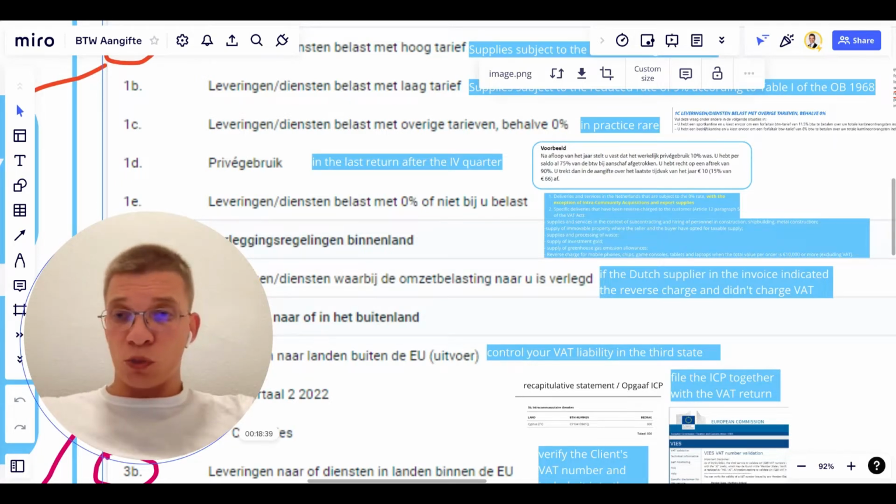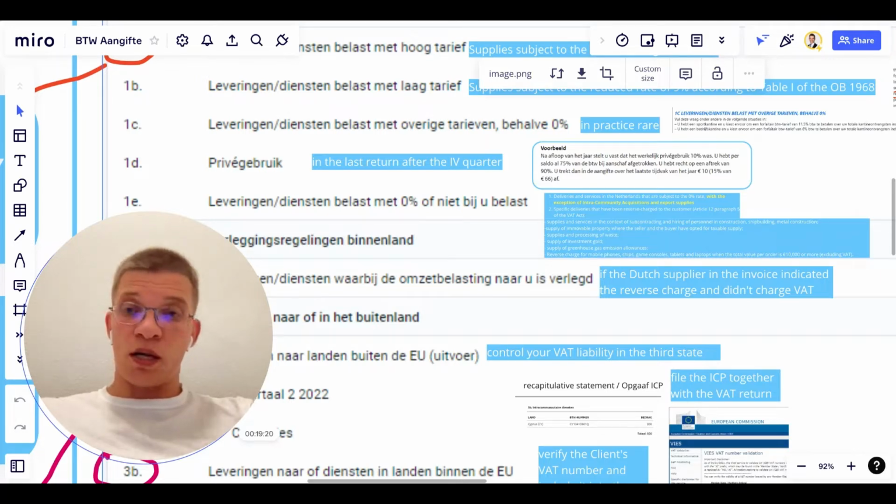But this section 1D is used only with the last return after the fourth quarter, where based on your factual situation during the year, you say, okay, when I bought the service or good, I used the 50-50 formula, but now I understand that actually only 25% of the service or good was used for my private needs.